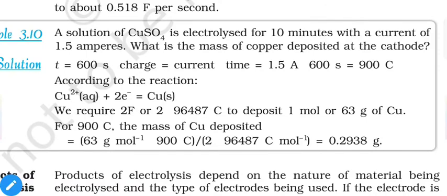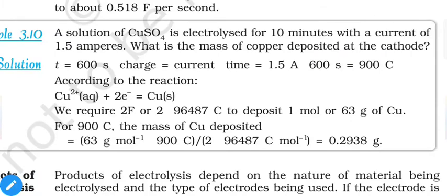Now for copper we need 2 moles of electron, and 2 moles of electron means 2 Faraday, and 2 Faraday means 2 multiplied by 96,487 to obtain 1 mole or 63 grams of copper. And for 900 we need to do cross multiplication.